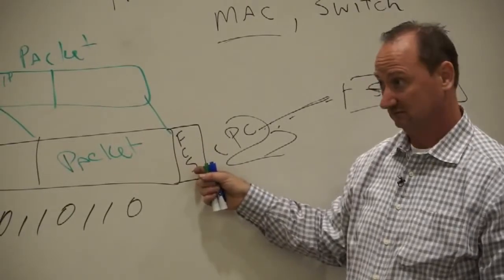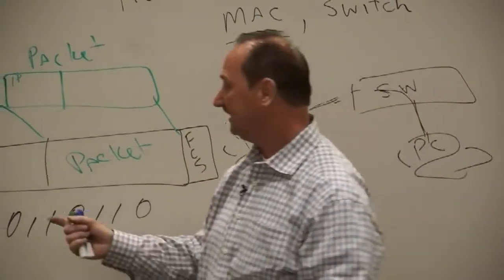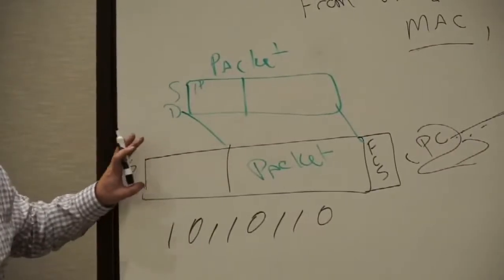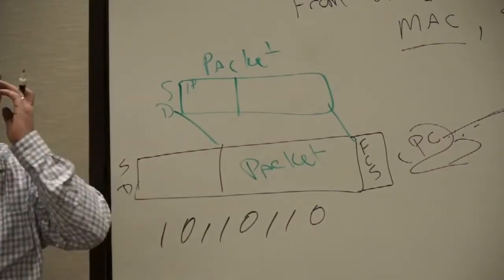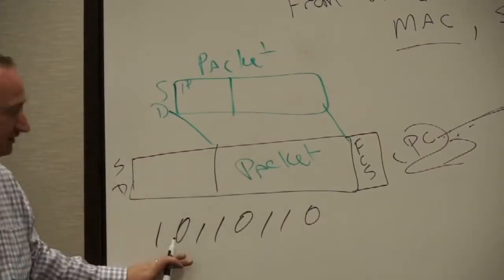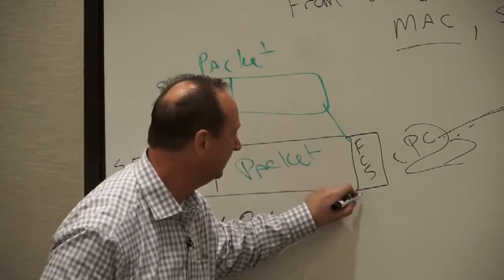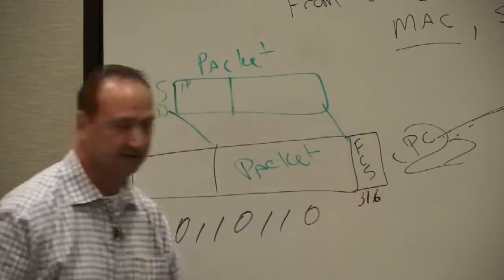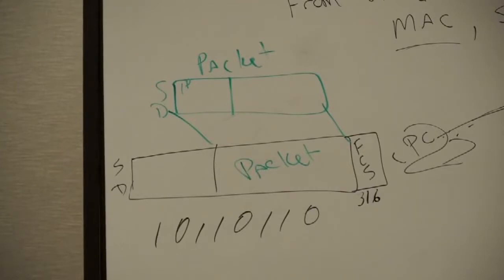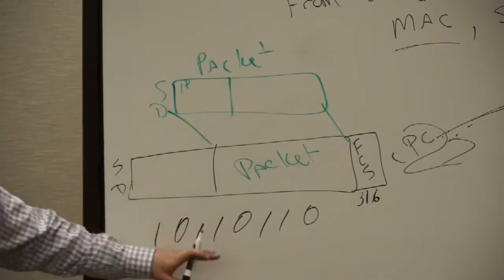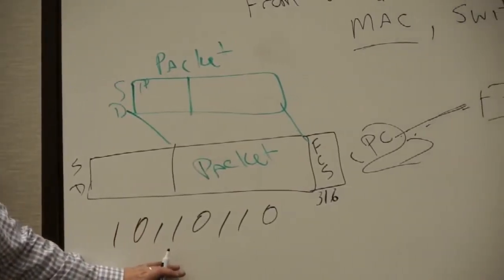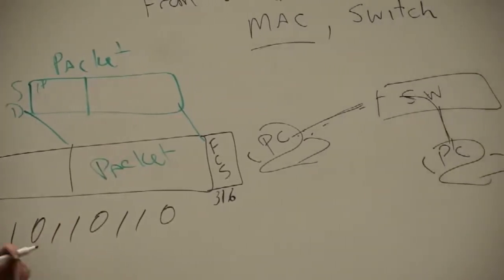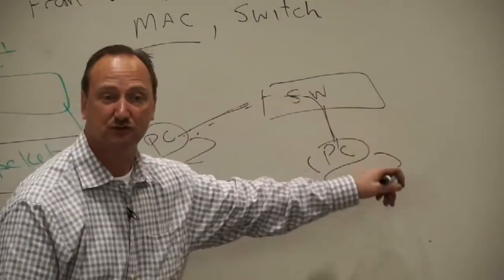That number is put at the end of the frame, and then it's sent out across the network. Any device that gets it, that has the intelligence, will rebuild the ones and zeros into the frame. And if they want to see if it came across well, they just check that number and run it through the same formula. So it's kind of like saying, I'm sending this frame across the network, and when I do my calculations, I know that the number at the end of this is going to be 316. I run it through a formula, 316. I convert it to ones and zeros, I put it on a copper cable, Cat5 cable. It runs across, goes through the next device.